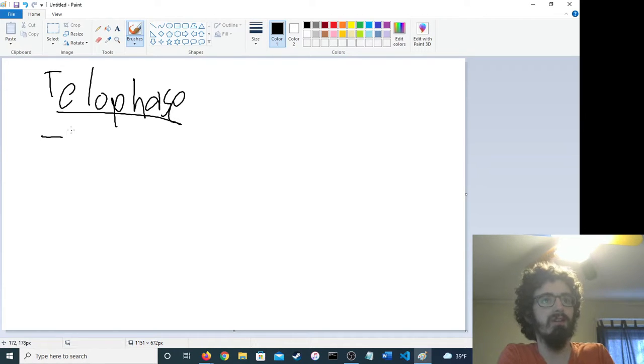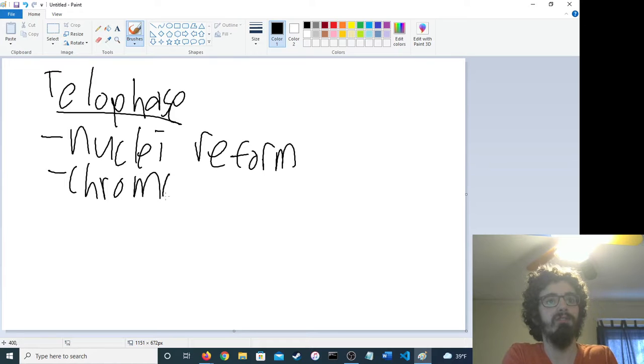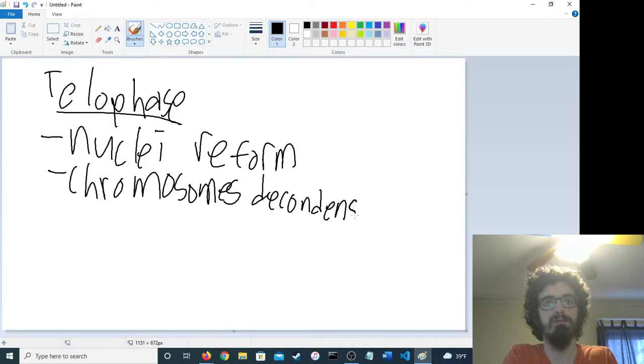So nuclei reform in the two new cells, chromosomes decondense, and the mitotic spindle disappears.